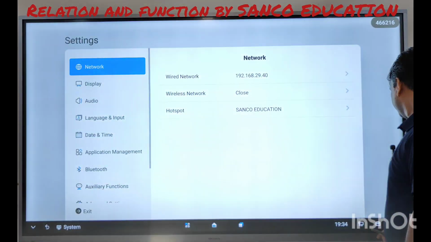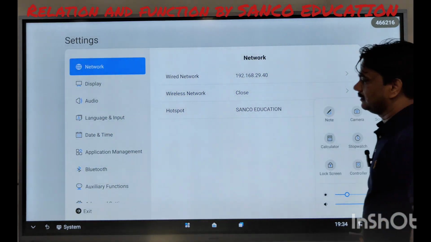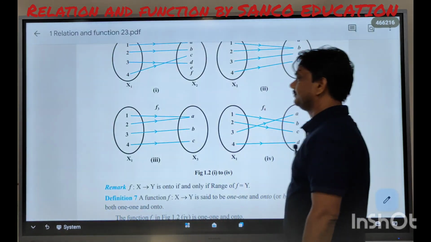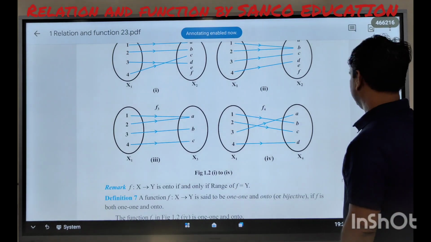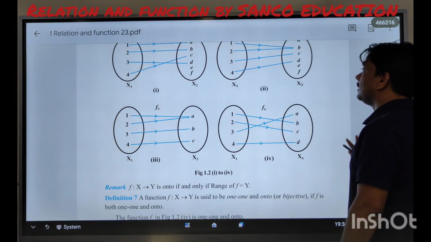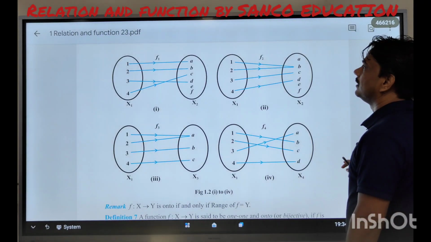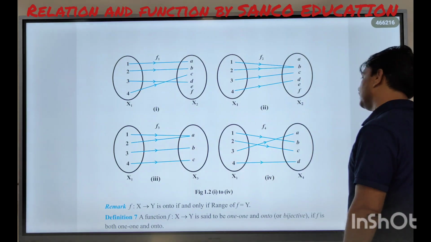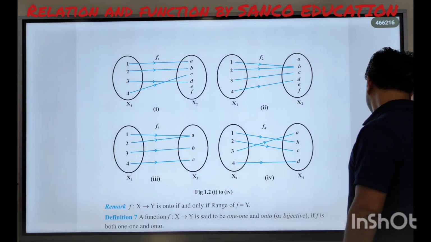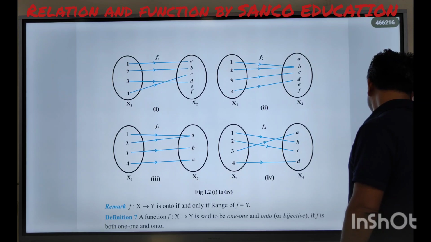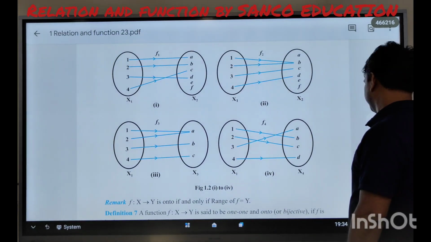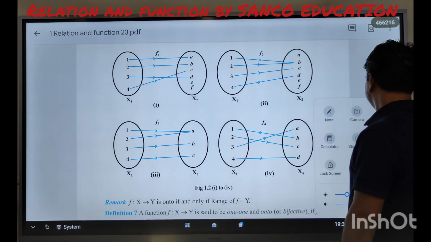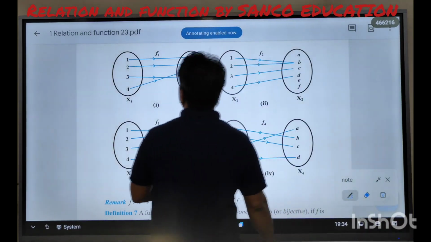Could you see that? Now look at the first type.